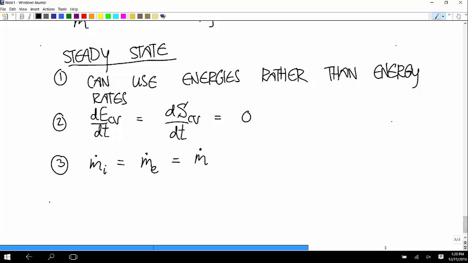And we want to know first, what's sigma over m? Since we can do this as energies or as rates of energies, this is also equal to sigma dot over m dot.